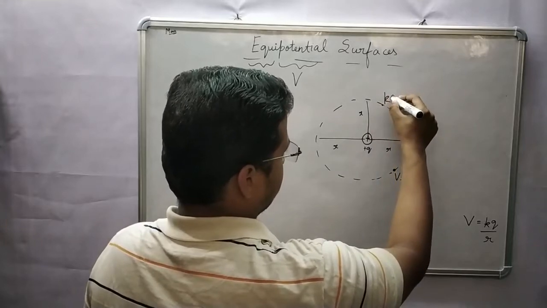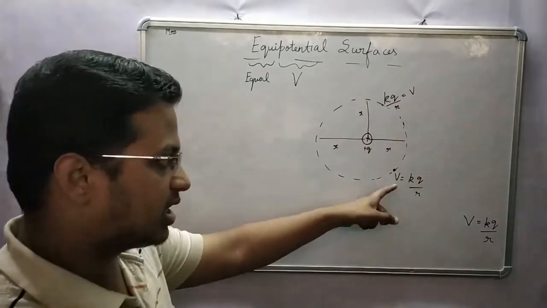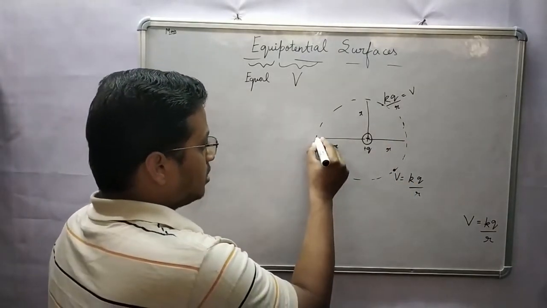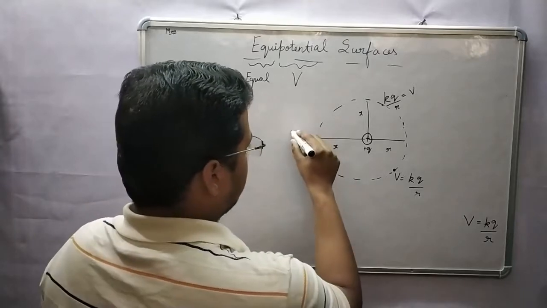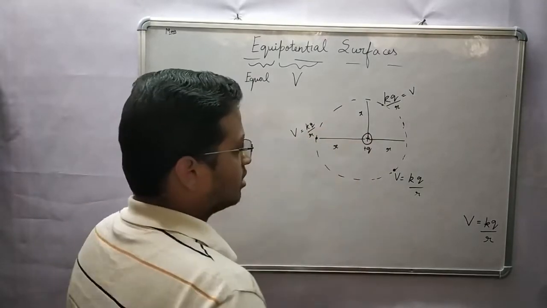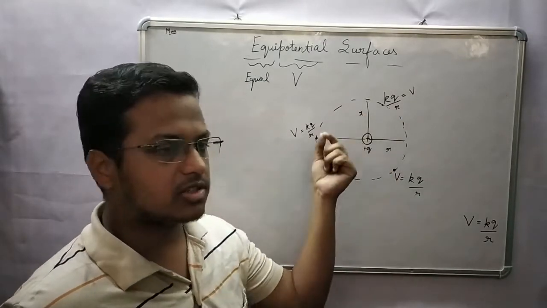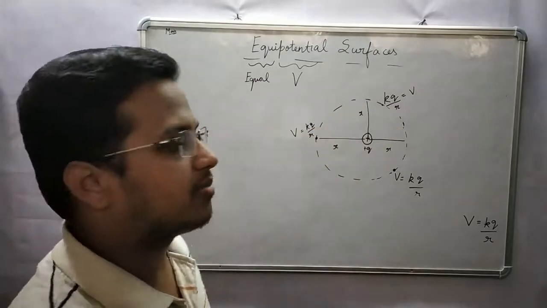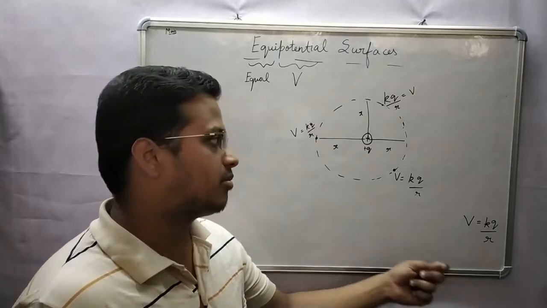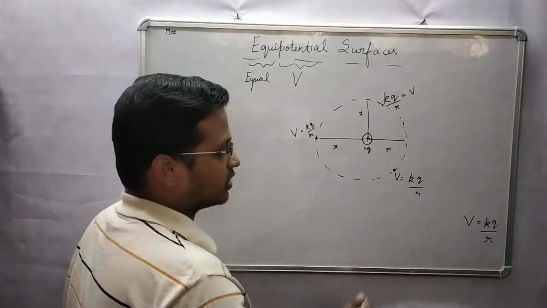K, charge is Q and distance is R. As you can see, both the points have the same potential. Similarly, if I take a point here, what will be the potential? It will be K into charge by R. So, if you take any point on this surface, the potential will be same. Such a surface on which potential is same due to a given charge is called as equipotential surfaces.